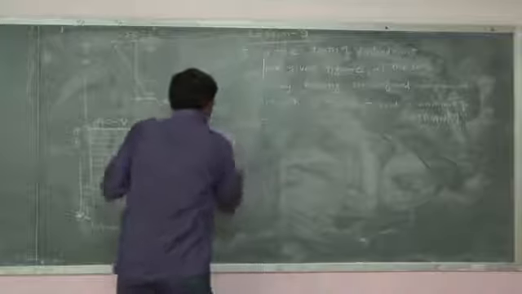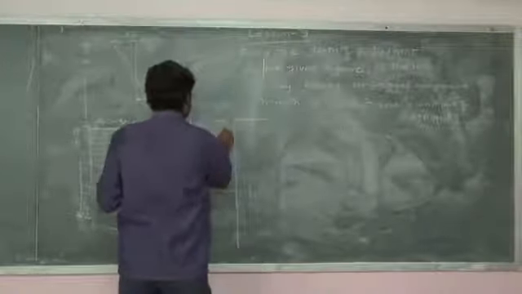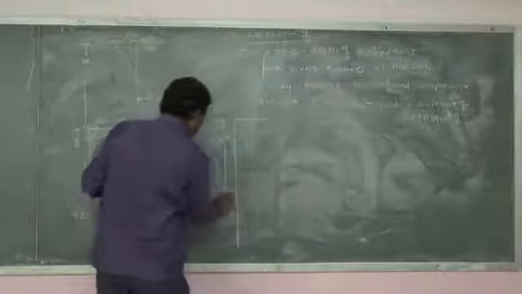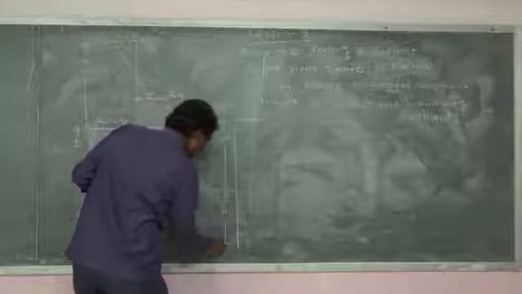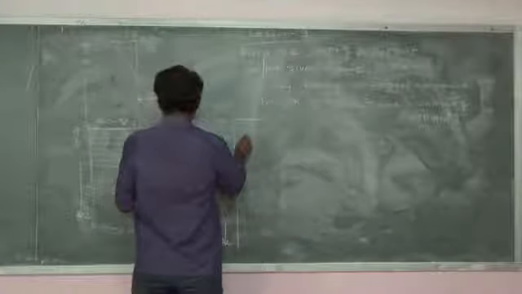Up to here, this is h and it is given 6 meter, and below this D is there. What is given here?